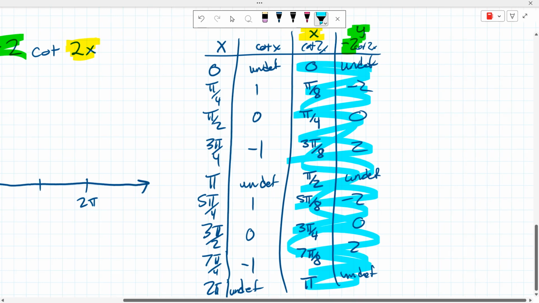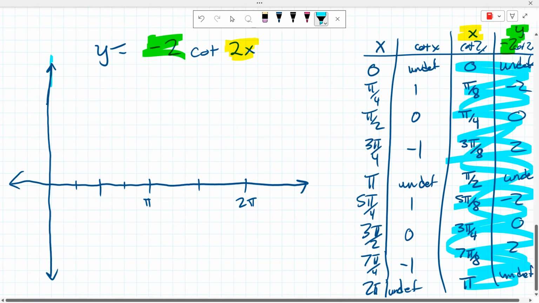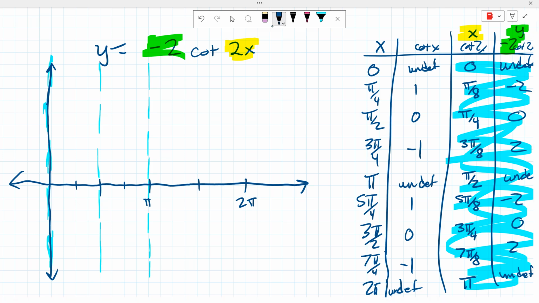Let me put my asymptotes in highlighter here. So we have an asymptote right there at 0. We're going to have an asymptote at pi over 2. We're going to have an asymptote at pi. At pi over 8, which is, this is pi over 4, so pi over 8 is right here. I'm going to be down at negative 2.